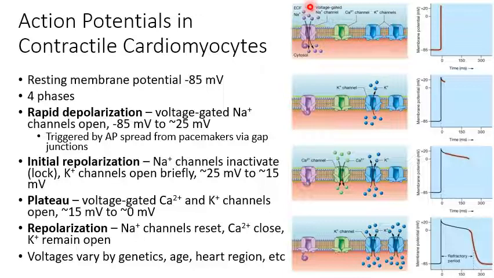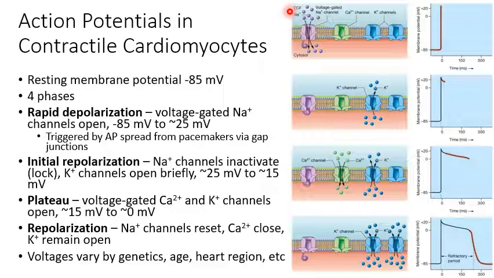So this would occur whenever the action potential from a pacemaker cell spreads to a contractile cardiomyocyte through the gap junctions at the intercalated disc. So that would mean that you have some sodium entering the cell already from that action potential in the pacemaker cardiomyocyte.